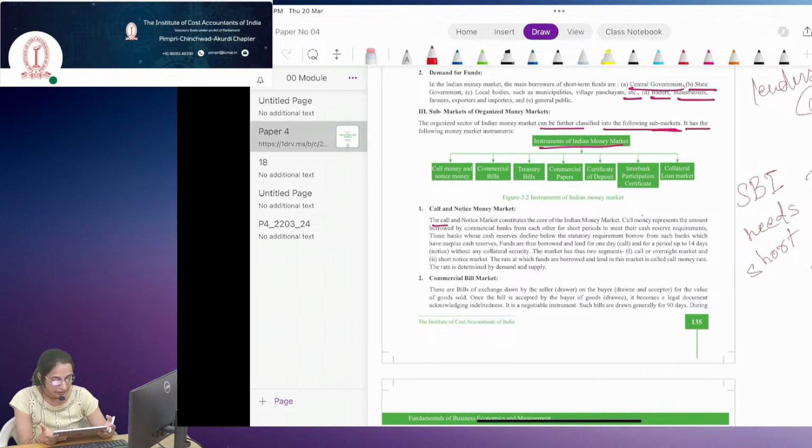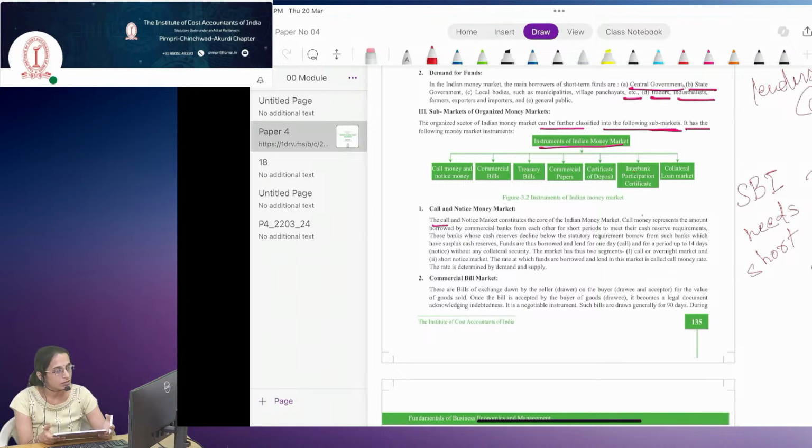The market has two segments, call or overnight market and short notice market. The rate at which funds are borrowed and lent in this market is called call money rate.